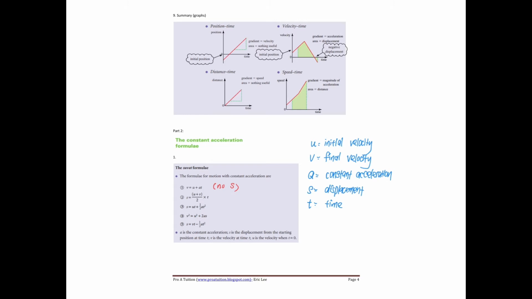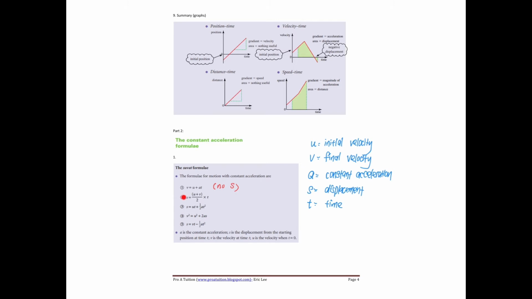You see, out of the 5 quantities here, s is not in the formula. So when the question gives you no information on displacement, and the question never asks for displacement as well, then you can use the first formula.